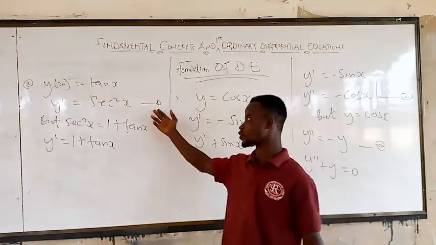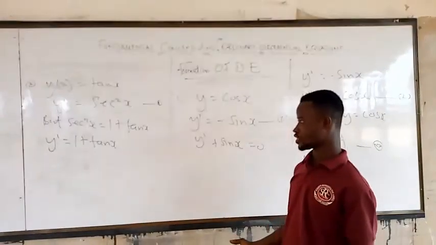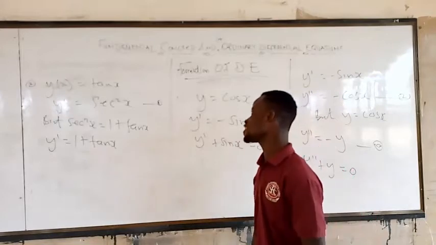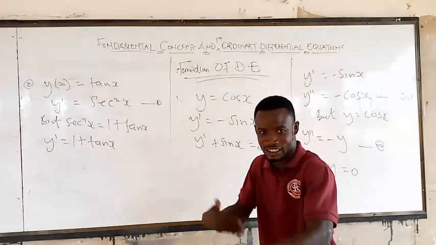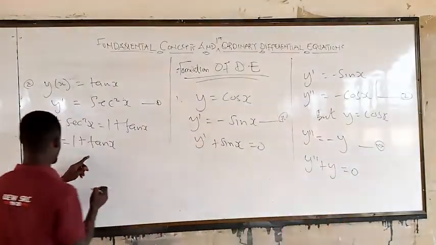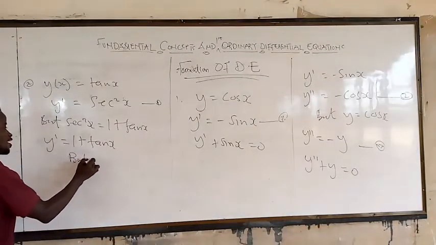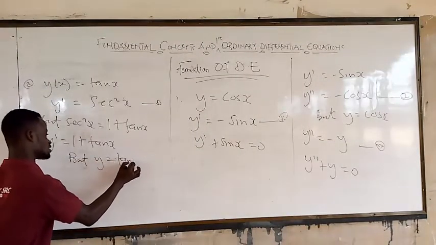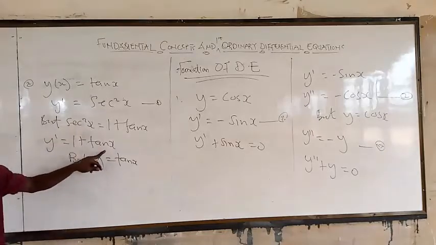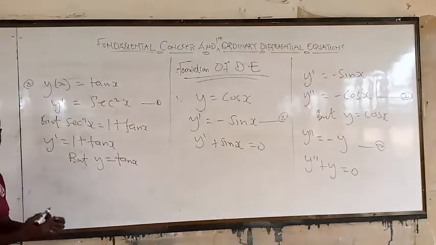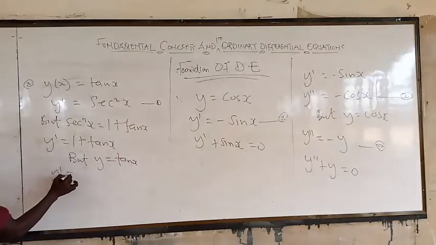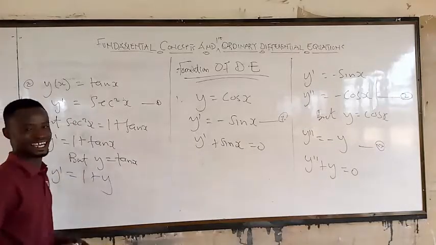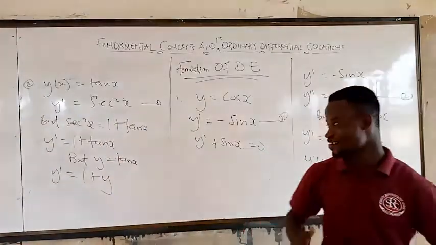You can't say this is correct and this is wrong. It's still the same thing. And even someone too can still continue to manipulate it to say that y is equal to tan x. And since y is equal to tan x, you can leave the differential equation in the form y prime is equal to 1 plus y squared.